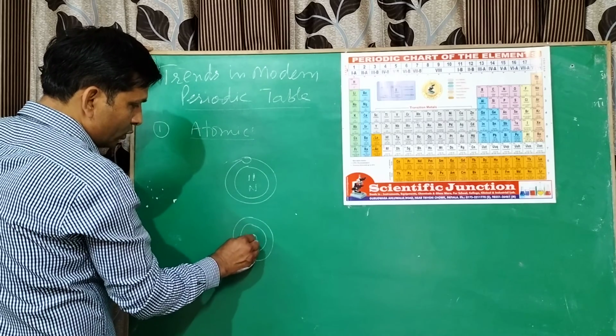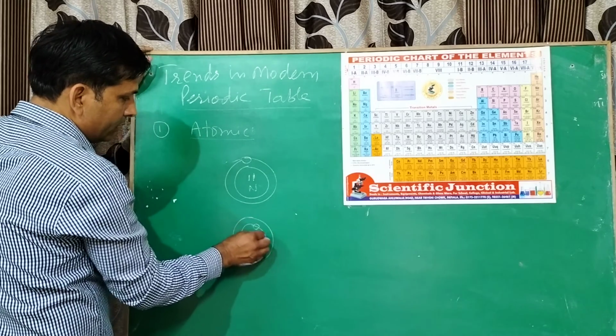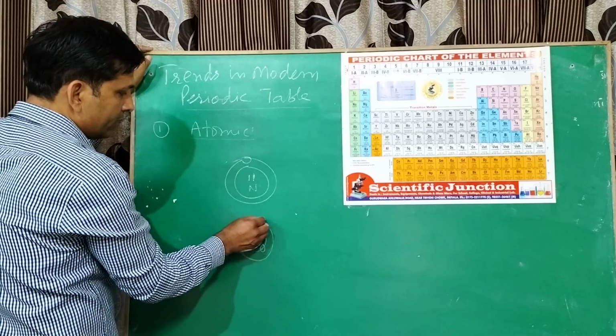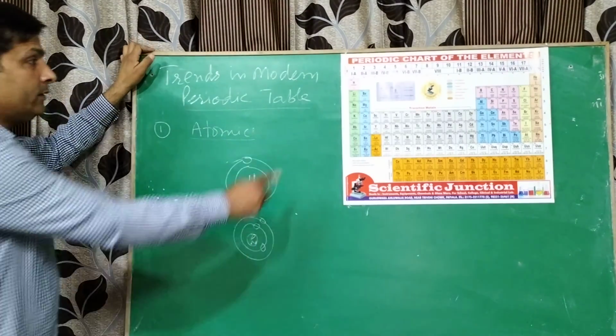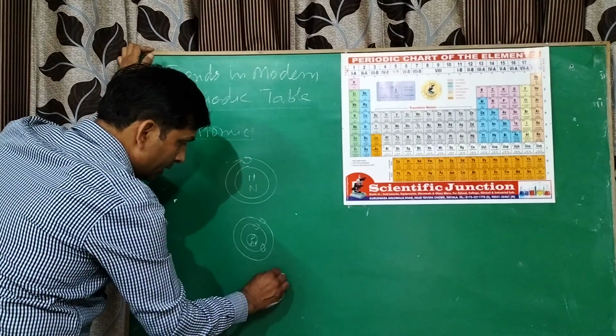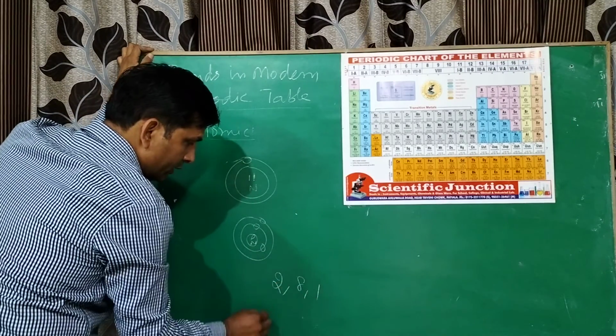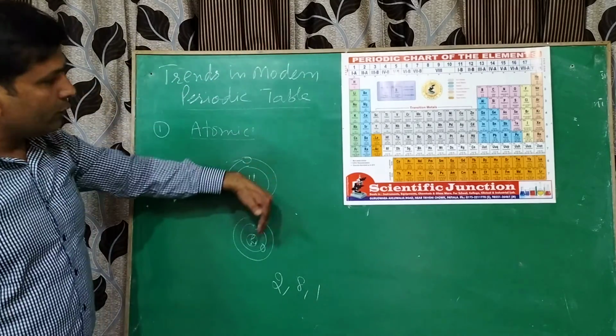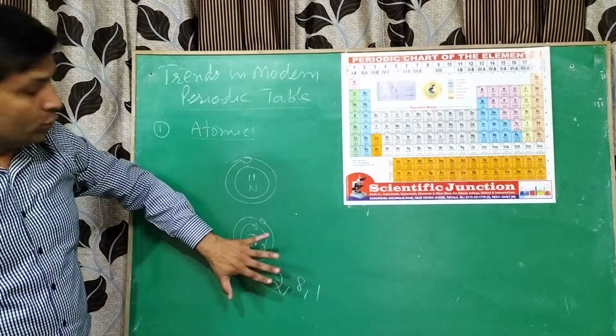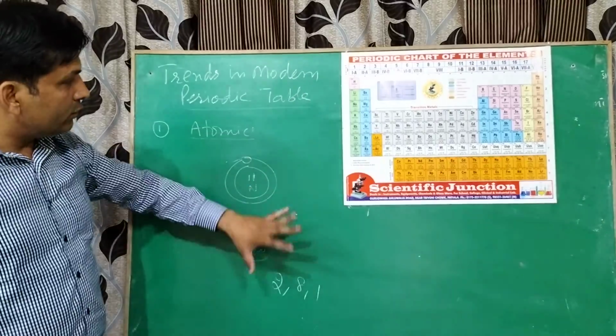This is the nucleus, protons, neutrons. The first shell contains two electrons, and this one contains one electron. If we talk about sodium, its configuration is 2, 8, 1. It has three shells. As we move down in a group, the number of shells increases. This is what you should know before studying the trends.